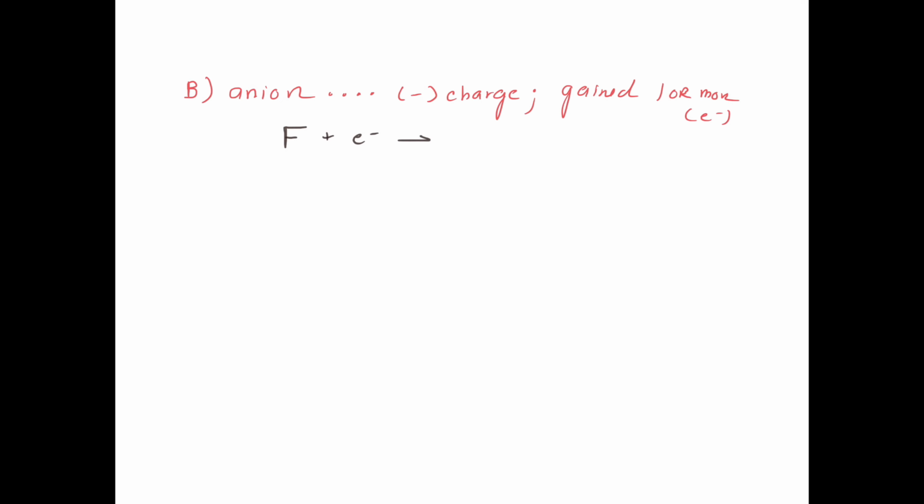The element fluorine likes to gain 1 electron and form the fluoride ion. That is an anion. We'll go through naming conventions a little later, but when you form the anion, it has an IDE ending compared to the element name. Oxygen likes to gain 2 electrons, so it's going to form the oxide 2- anion.